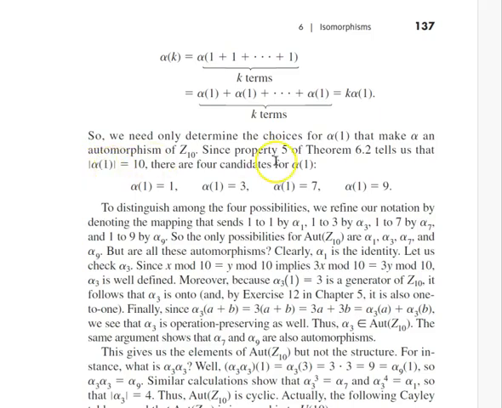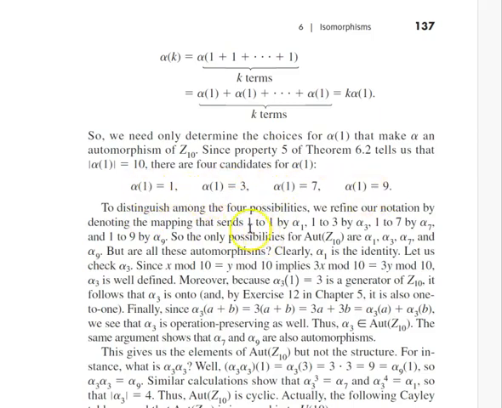So alpha of 1 must be a generator of Z10, and Z10 has only 4 generators. These are the numbers from 1 to 9 that are relatively prime to 10, as we know. So those numbers are 1, 3, 7, and 9. And these choices determine the map alpha.